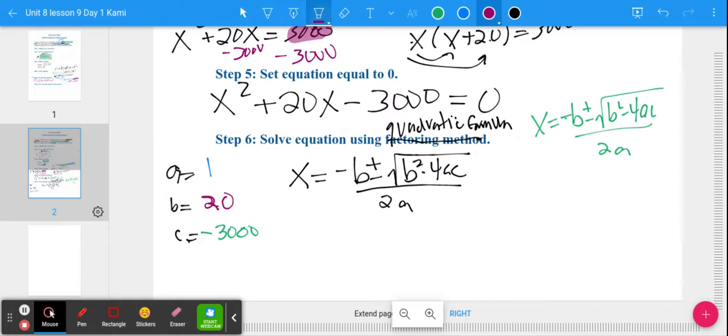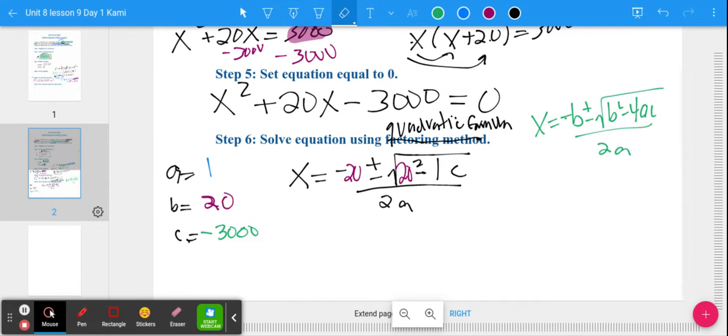So negative b, I'm going to erase the b and write 20. Plus or minus b squared, so erase the b, replace b with 20. Then we have minus 4ac.